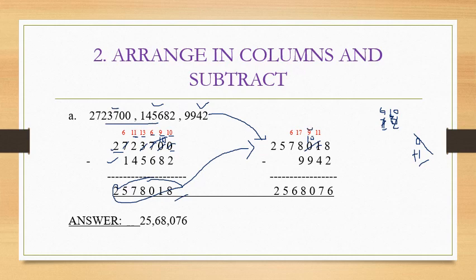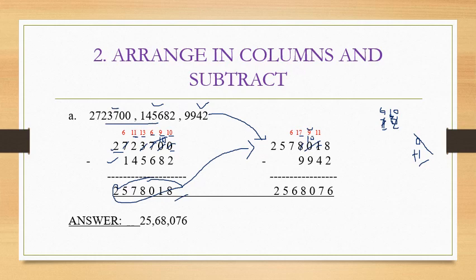How did it become 10? This 0 took 1 borrow from 8, that's why it became 10. Because 0 has no value, 8 gave 1 here and it became 9 here. So when 8 gave 1, it automatically became 7.